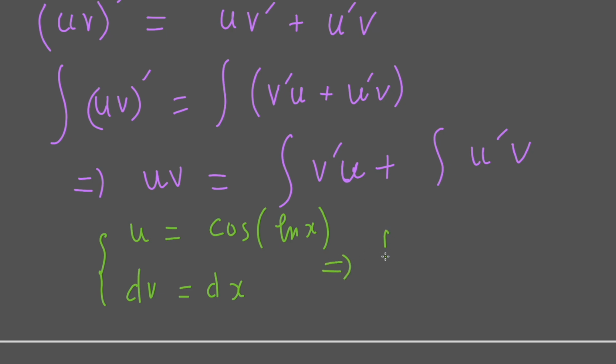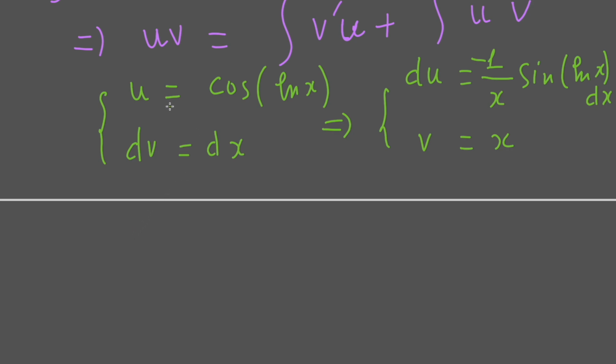Then we will have du equal to negative 1 over x times sine ln x dx. Similarly, for v, we will have v equal to x.